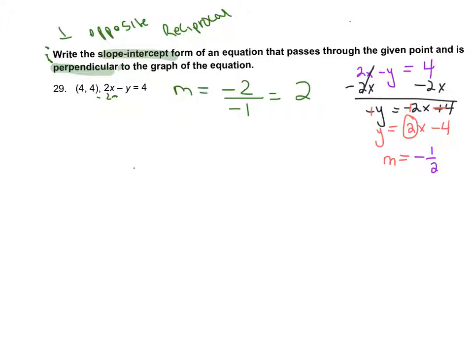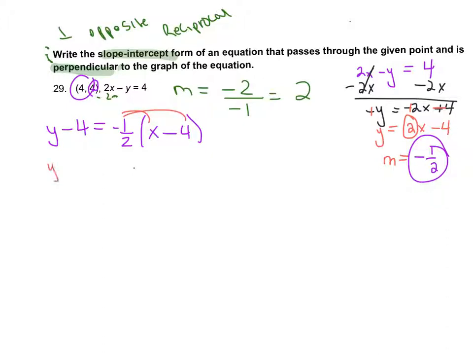Point slope. y minus y1 is equal to the new slope, m times x minus x1. They want the equation in slope-intercept form, so you're going to have to distribute. y minus 4 equals negative 1/2 x.